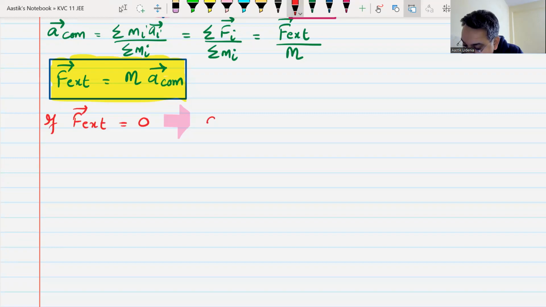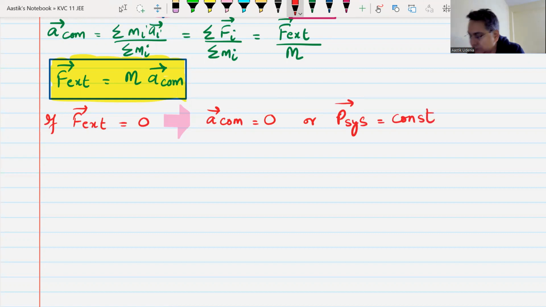Then the acceleration of the center of mass would be zero, or then I can say the momentum of the system will remain constant. This law is known as the law of conservation of momentum for a system of particles.